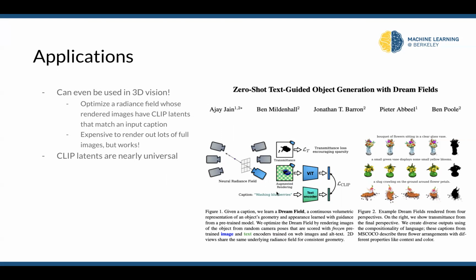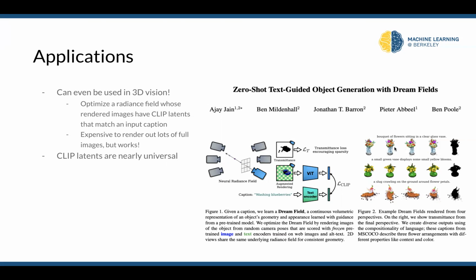And in this way, you're going to continue optimizing your radiance field, because every single step of this is differentiable. From rendering out images, passing those images through the ViT, all of that is differentiable. So we can backpropagate from the difference between our CLIP embedding and our rendered image embedding all the way back to the parameters of our radiance field.